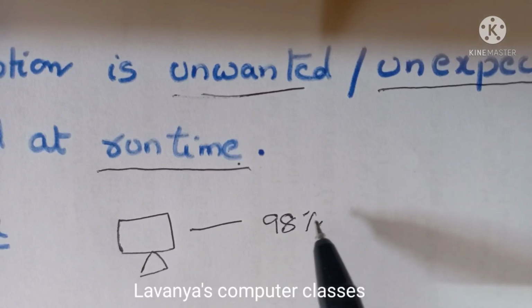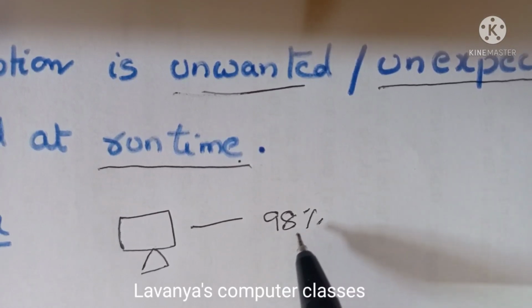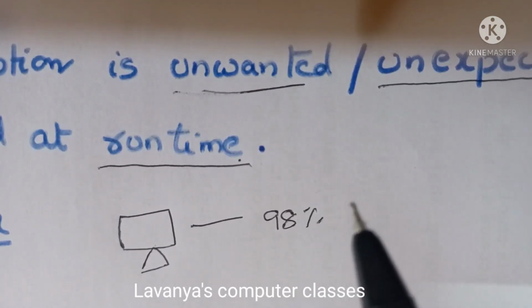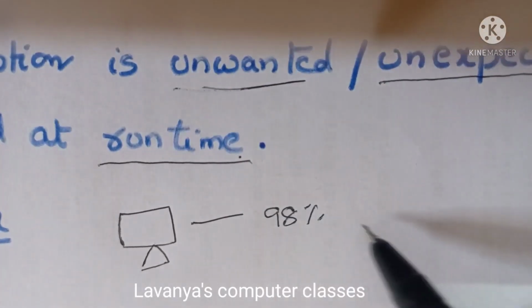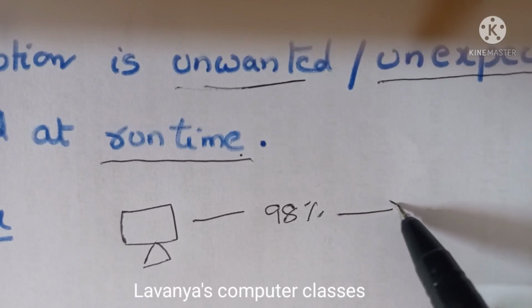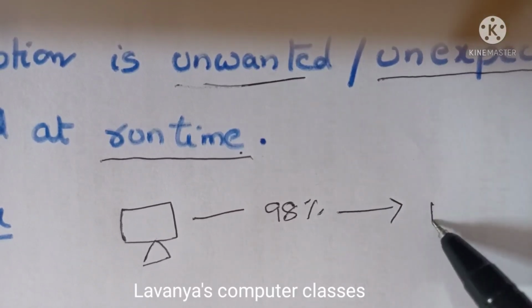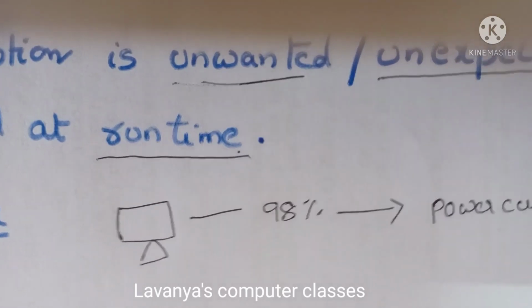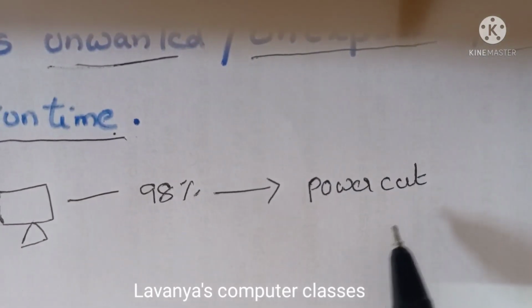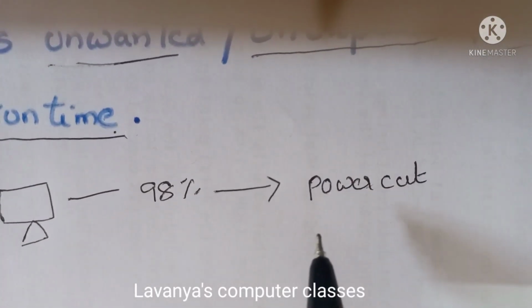But at the time when 98% is completed, at the last moment, suddenly there is a power cut. Power is off. There is no backup also.